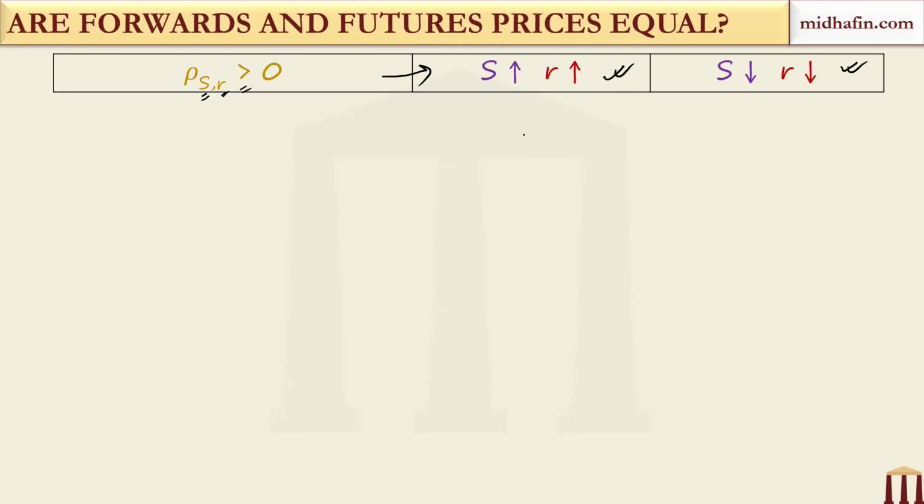Now listen to this very carefully. It's very interesting. You know that futures are settled daily, whereas forwards are not settled daily, correct? So when the price of the underlying is increasing, then the futures position is having more gains.